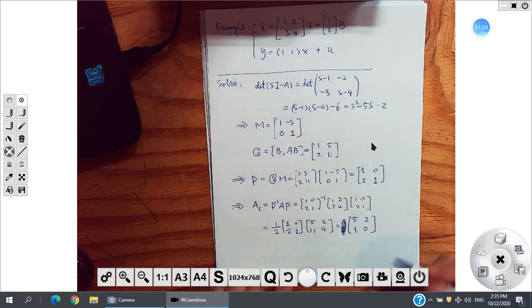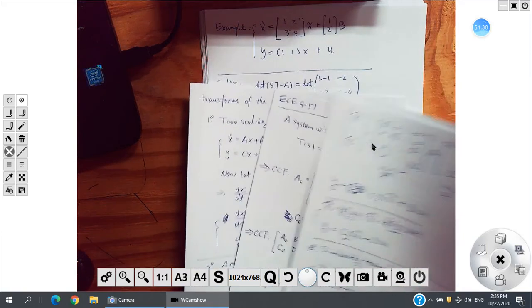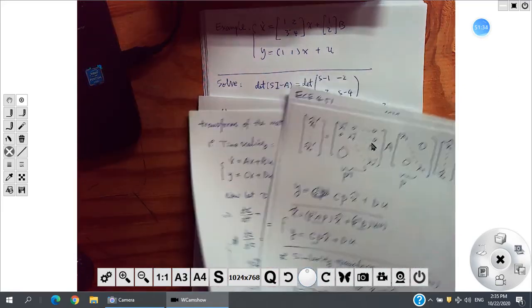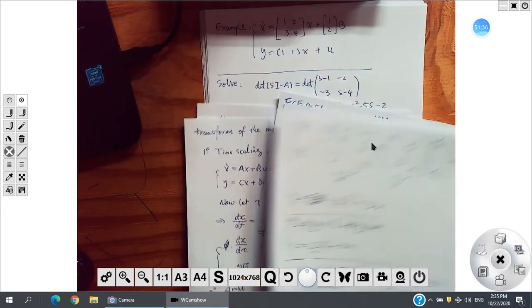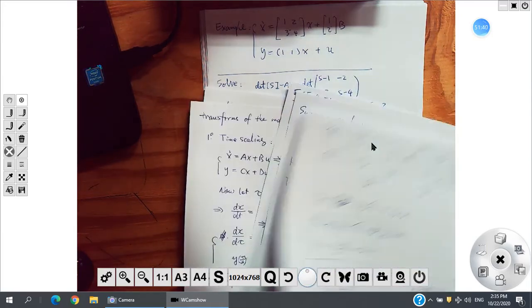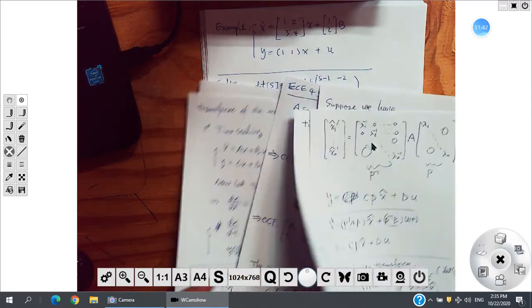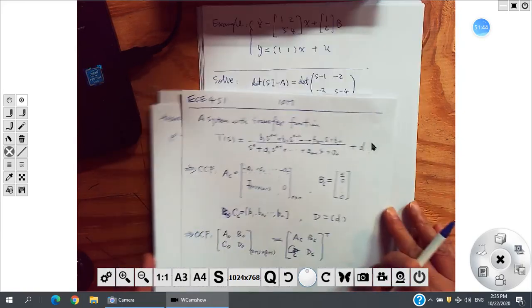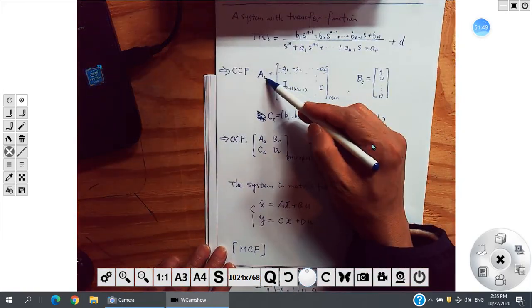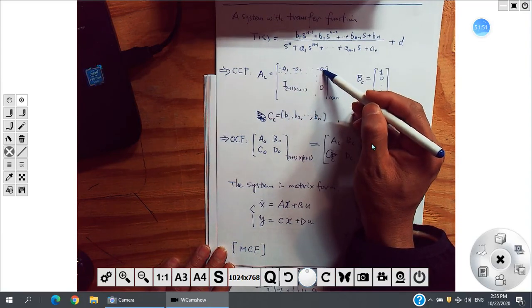Okay, I have AC. It is the right way of the CCF. You can see what is CCF. CCF, AC will be first row, some element.